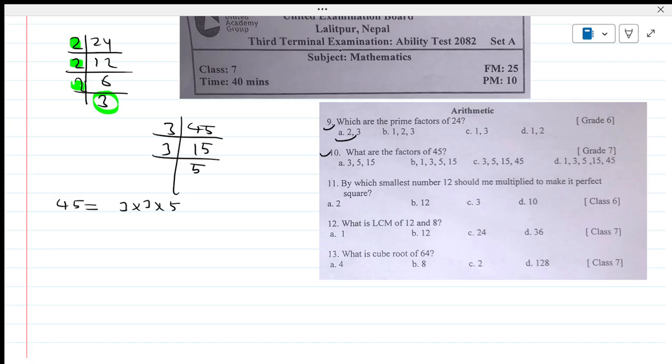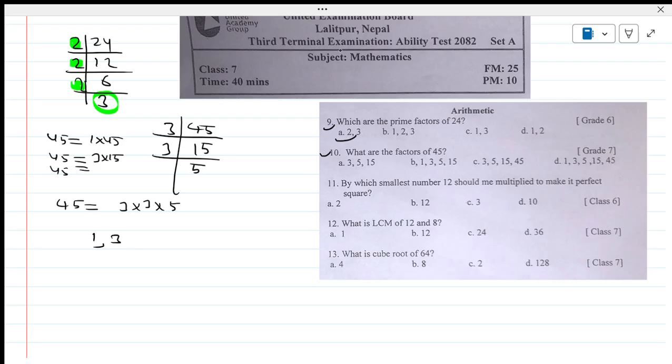Let's see. The very first factor is 1, 45 is divisible by 1. After 1, 45 is divisible by 3. Or you may see it this way, 45 is 1 into 45, first factor is 1. 45 is 3 into 15, another factor is 3.